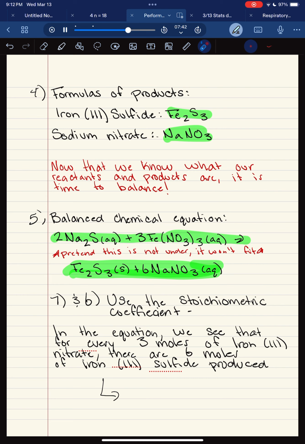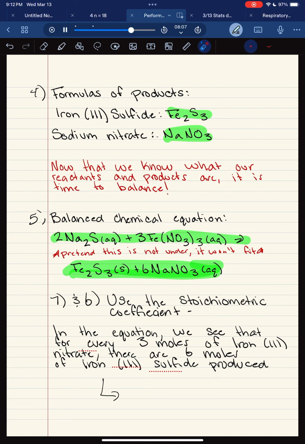And then the balanced equation indicates that 3 moles of sodium sulfide react with 2 moles of iron nitrate to produce 1 mole of iron(III) sulfide and 6 moles of sodium nitrate.